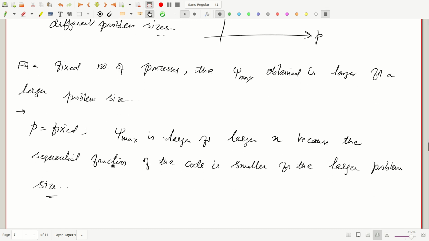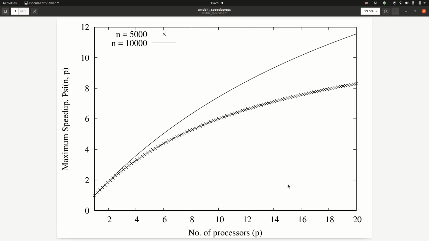That is why the psi max comes out to be larger, because you have 1 by f plus (1 minus f) divided by p, and f effectively becomes smaller because your sigma n and phi n grow in such a way that f tends to be smaller as your n increases, right? And that's why your speed up comes out to be larger according to Amdahl's law. Okay, so far so good.